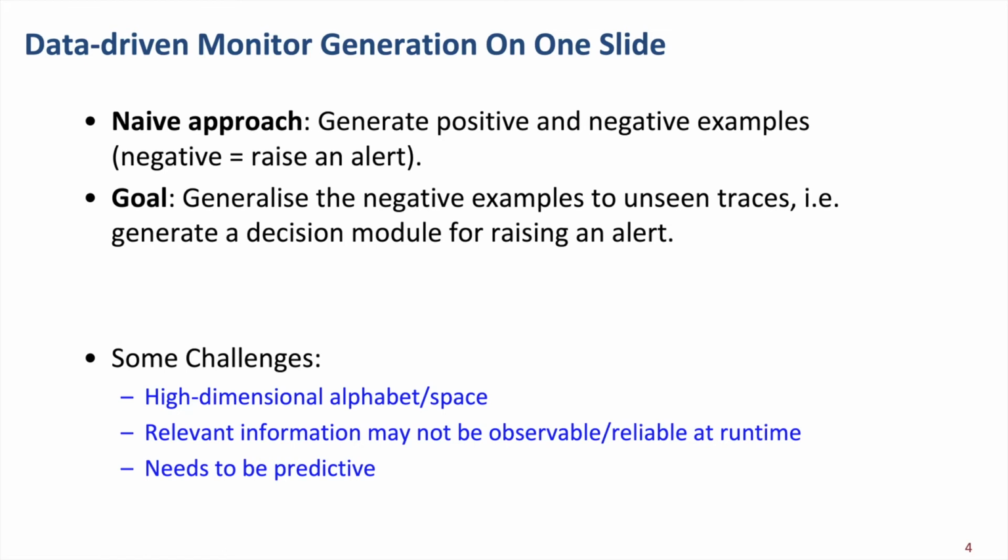And some sensors, like camera sensors, are sometimes not reliable if it's rain or fog. And so we need to project this down to reliable data. And then, of course, we want a monitor that does not raise a flag after we crash, but rather before, and all the other challenges that you all know from runtime monitoring that I'm not gonna repeat here.